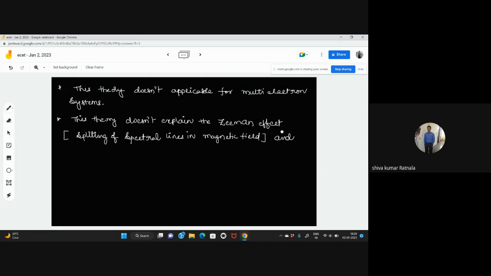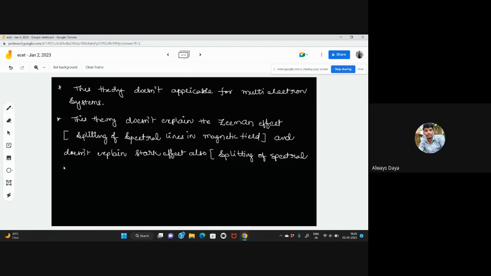And this theory doesn't explain the Stark effect also. What does the Stark effect mean? Electrical. Very good. Splitting of spectral lines in an electric field.